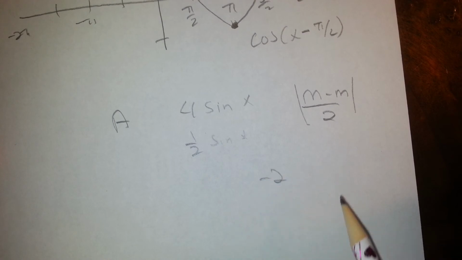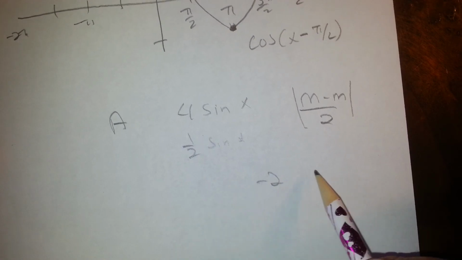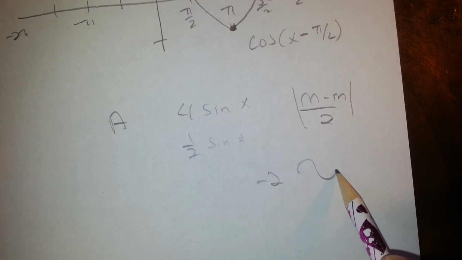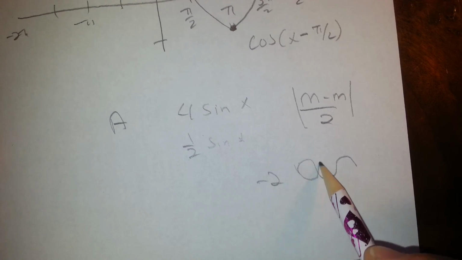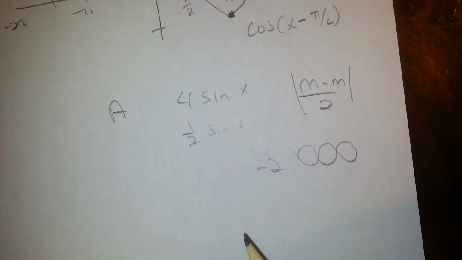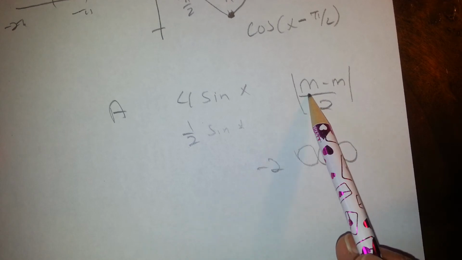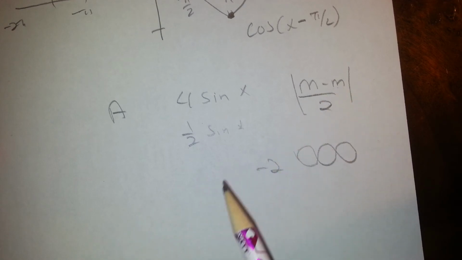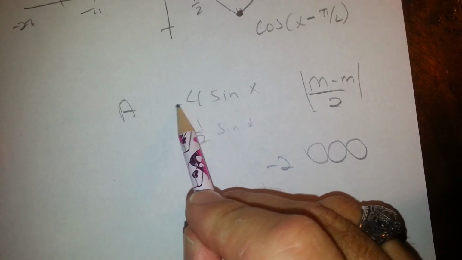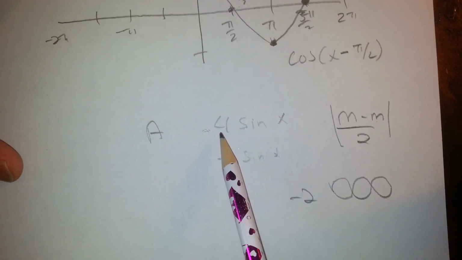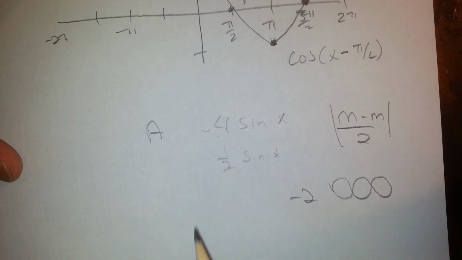A -2 amplitude, the -2 just flips the graph. Instead of being like this, it's going to make it go like this and flip it. So you still have an amplitude. It's the max value minus the min divided by 2, and it's always positive. The absolute value, the amplitude of this, -4 sine x, would be 4. Okay? Alright.